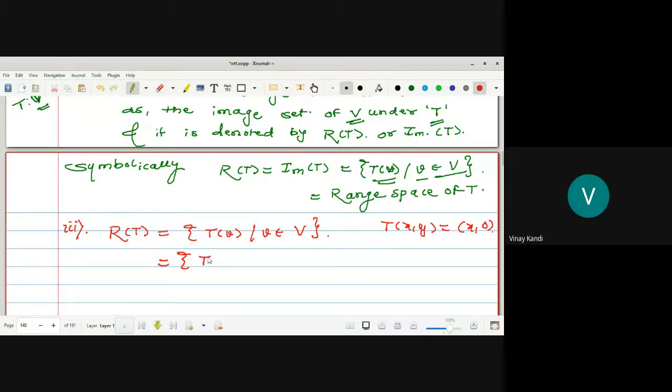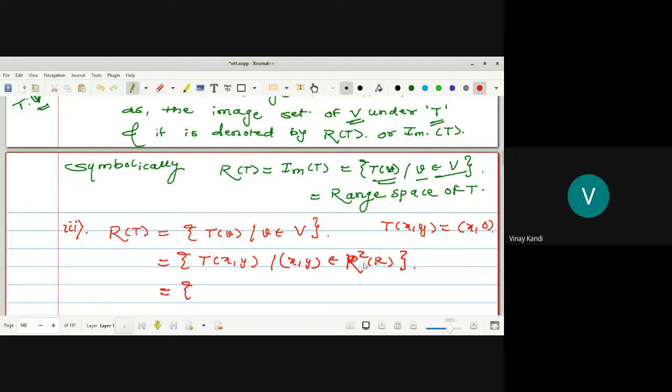Now, what is V here? Ordered pairs. T of (x, y) such that x and y belong to capital V, that is, V is R2 over R. Which is equal to what?